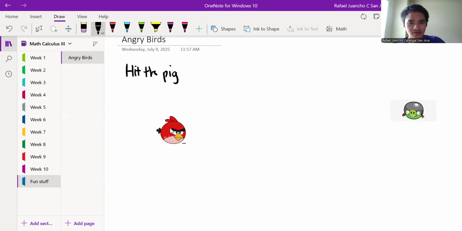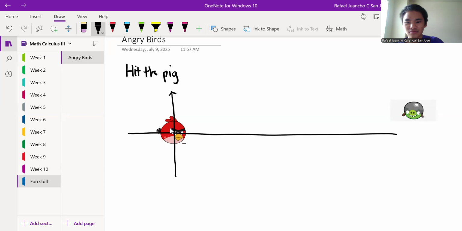Well, you guys know what a coordinate system is. So this is a coordinate system, and the idea is my angry bird is at this point 0, 0.